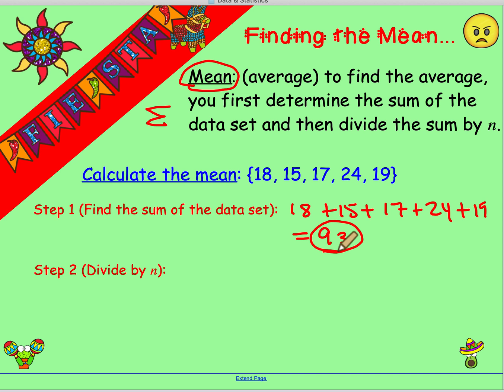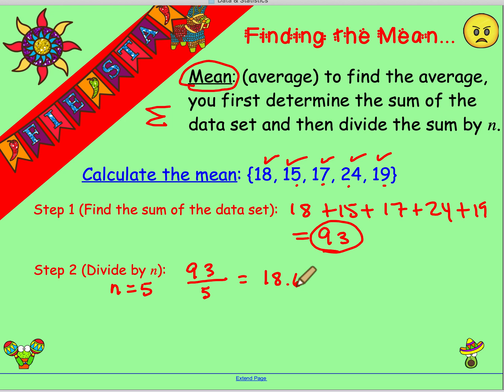Okay, so if you got 93 also, let's do the next step. You're going to take your sum and divide it by n. Well, what is n? n is how many numbers are in your data set. So in this case, n would be 5 because there are 1, 2, 3, 4, 5 numbers in our data set. So we're going to take 93 and divide it by 5, and that gives us exactly 18 and 6/10. So that means our mean is 18 and 6/10.